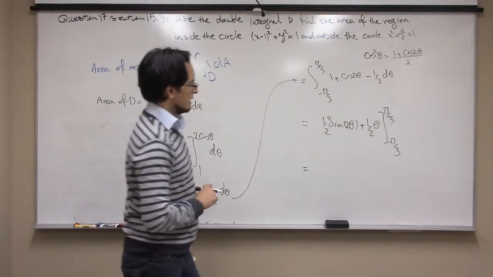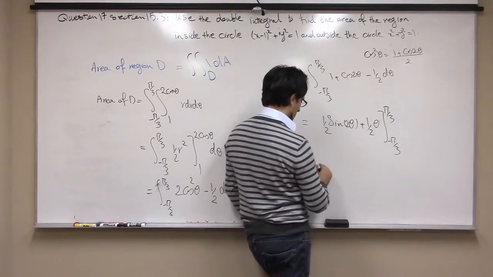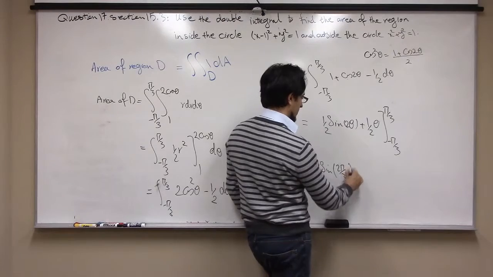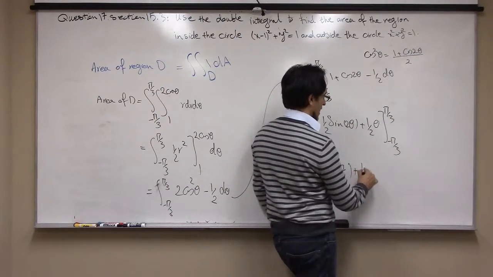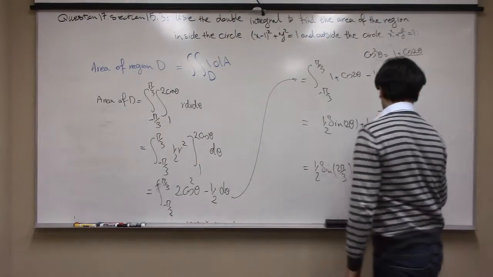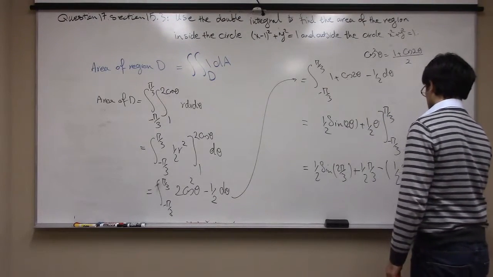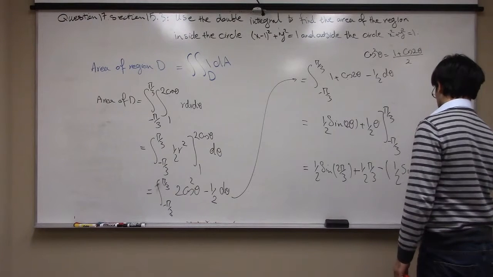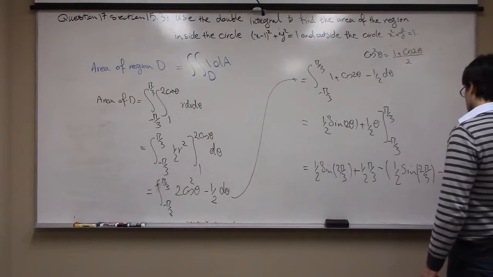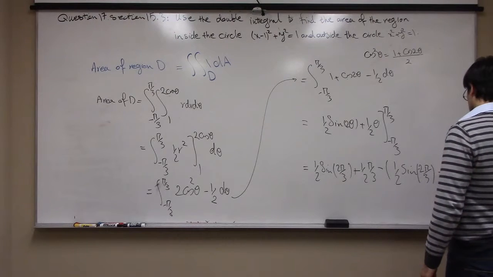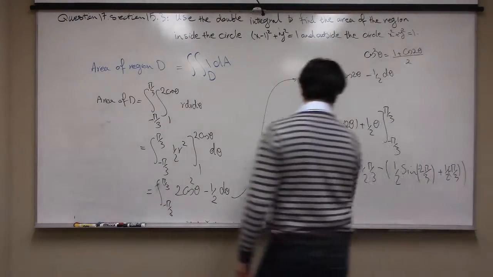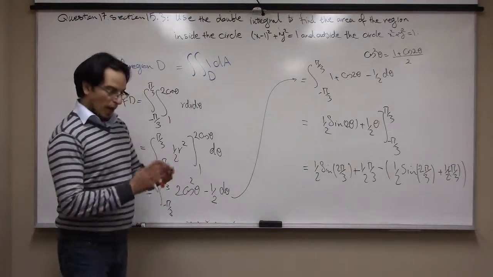Okay, then let's plug in these guys. So half of sine 2 pi over 3 plus half of pi over 3 minus half of sine negative 2 pi over 3 minus half of negative pi over 3.